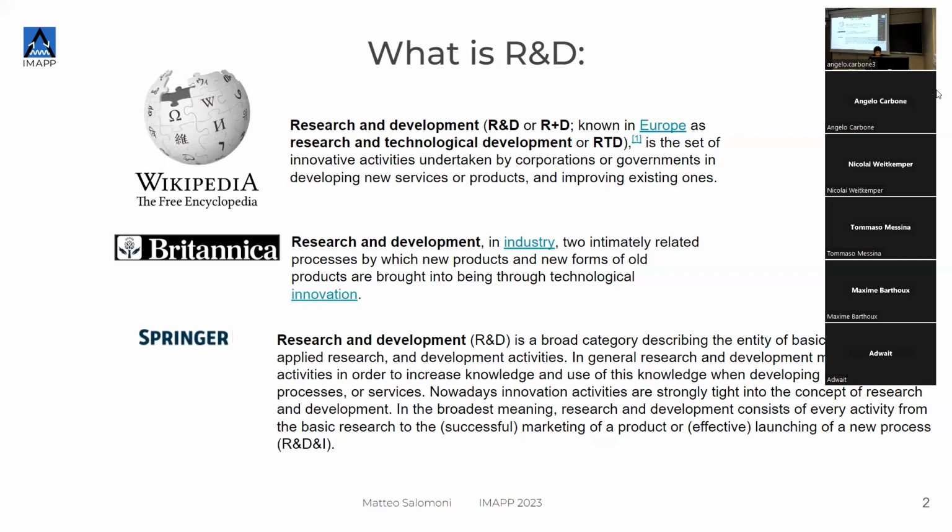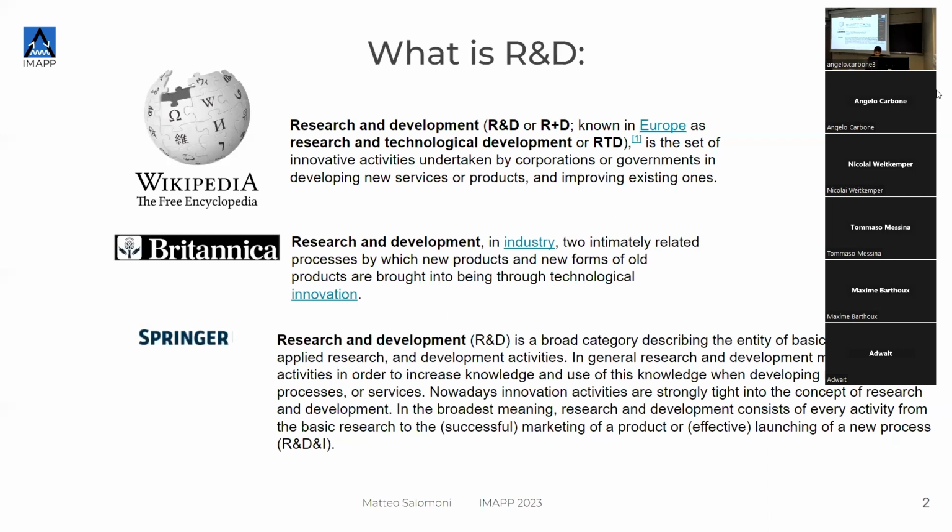And by processing both of them, you can have new products once again in a new form, or old ones brought into being by novel technological development. This also didn't reflect what I had in mind for R&D in general.